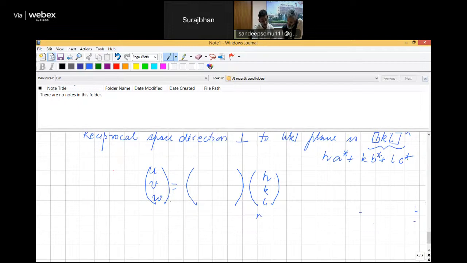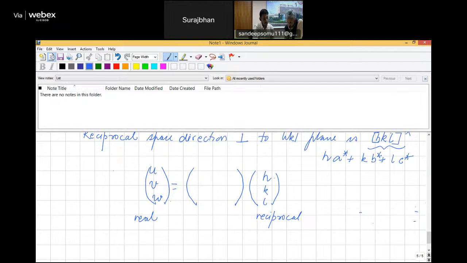So this is reciprocal, and this is real, but the same vector.